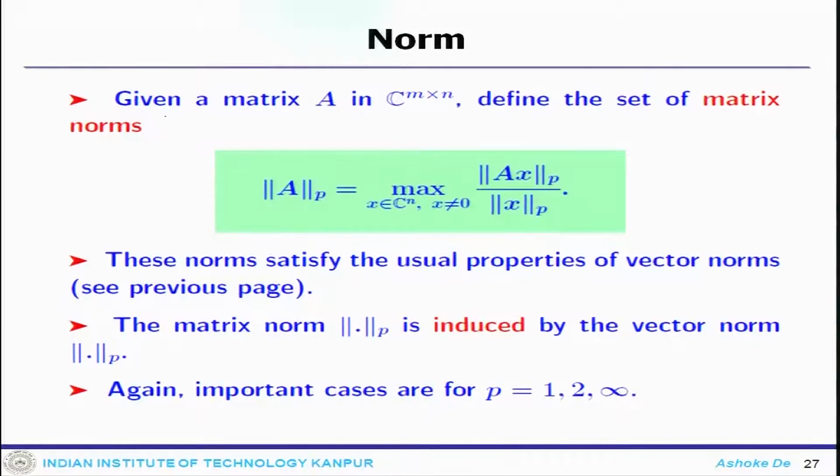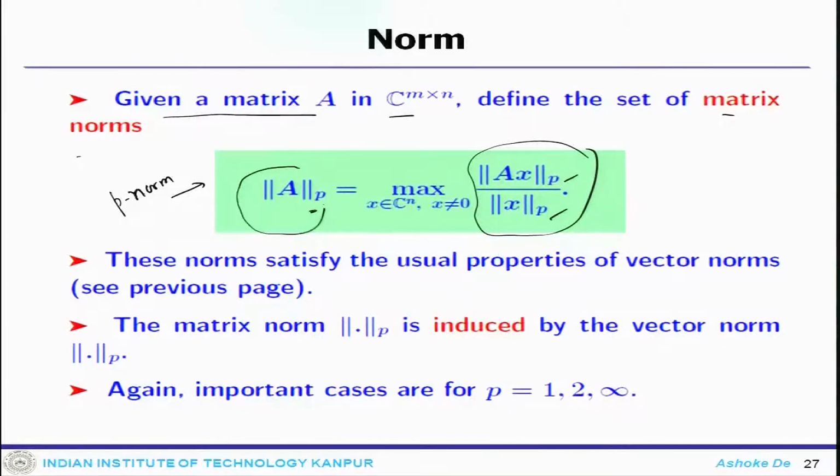For example, you are given a matrix A in C^mn; we define the set of matrix norms. The mod A is a P norm for the matrix, which is the maximum over x belonging to C^n, x not equal to 0, of the ratio of the P norm of Ax to the P norm of x. That ratio gives me the P norm of this particular matrix.